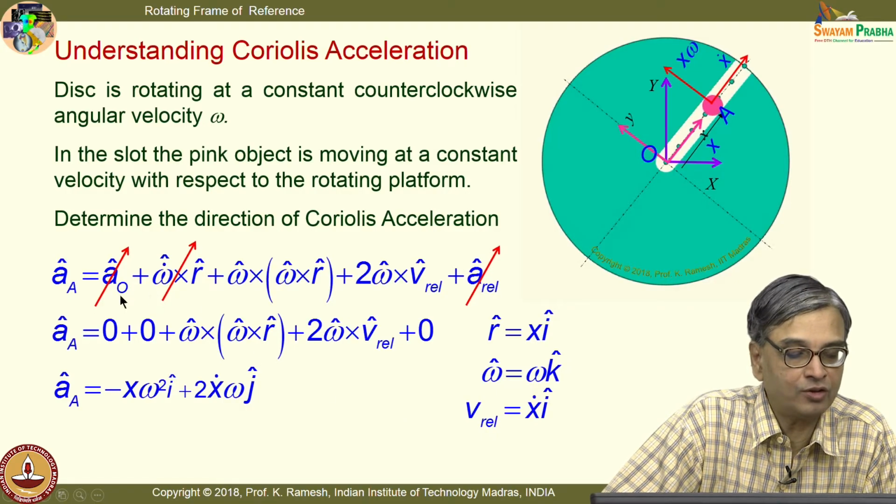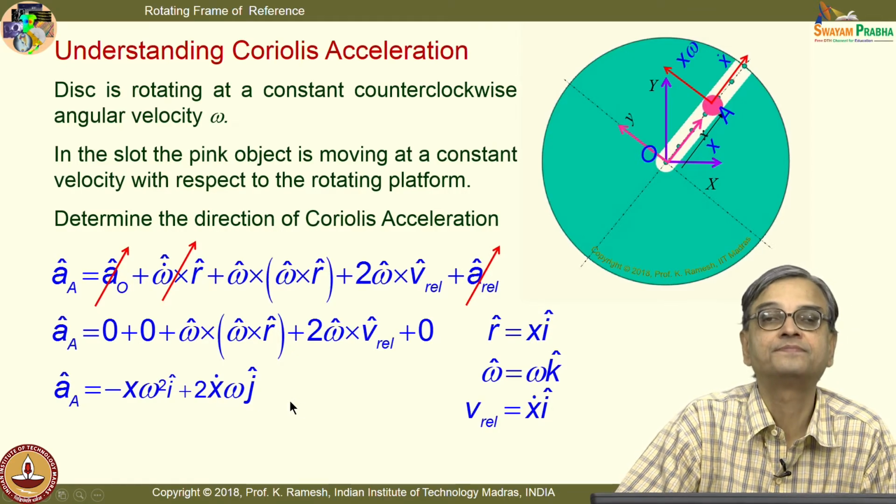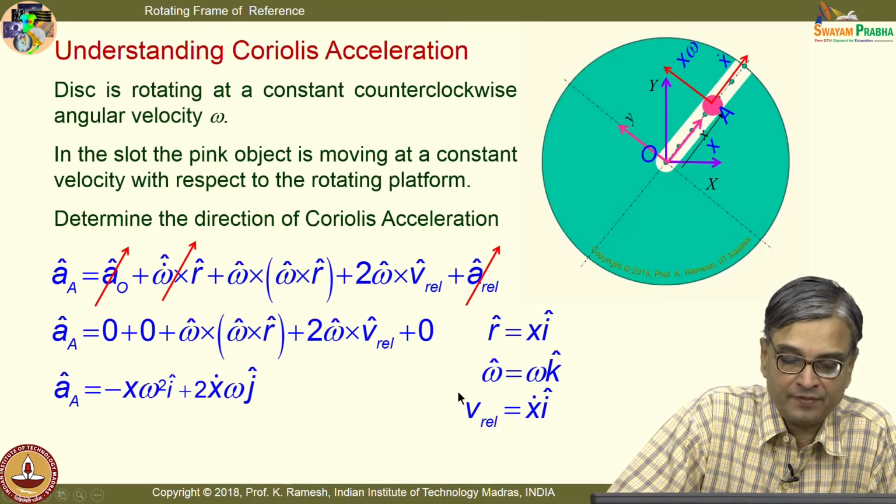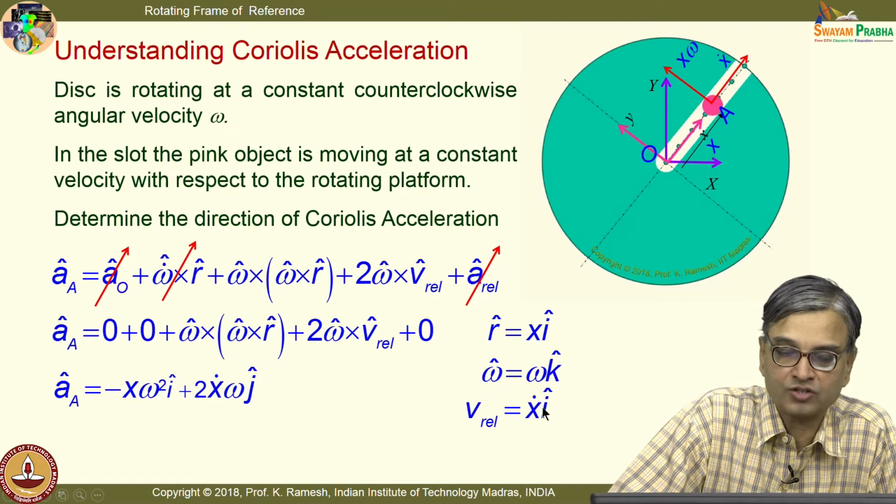So, finally, when you simplify, the acceleration of the particle A simply reduces to x omega squared i plus 2 x dot omega j, where omega is omega k and r is x i. All these quantities are very clearly labeled.